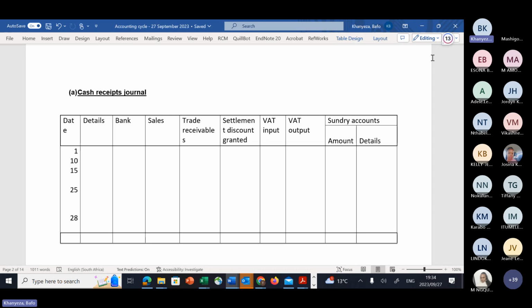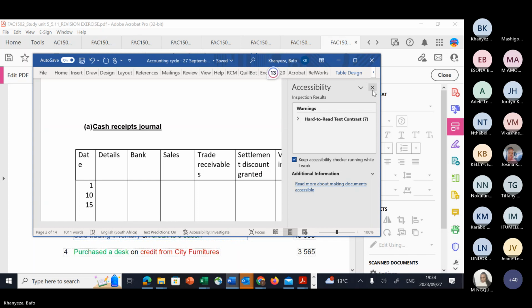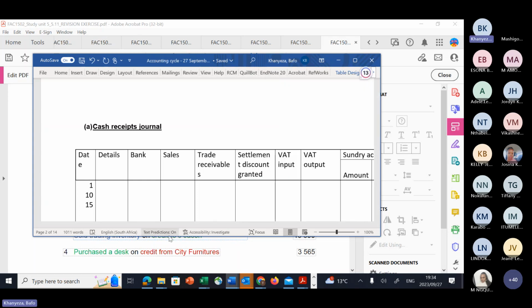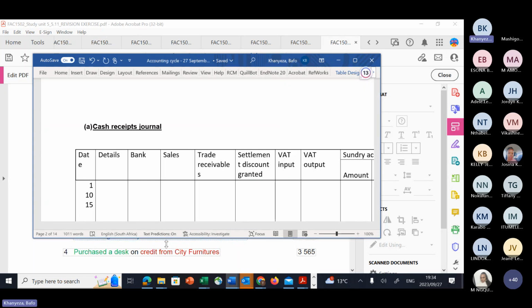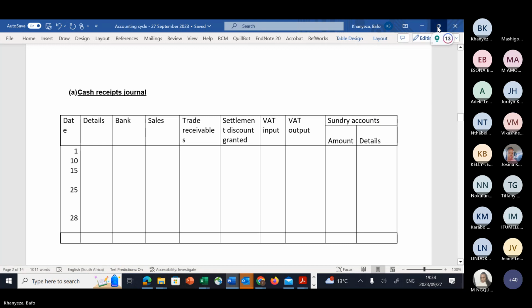Yeah, it's the right one. This is exercise 5.11.